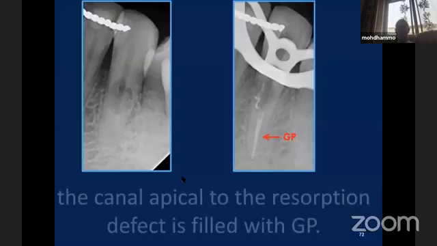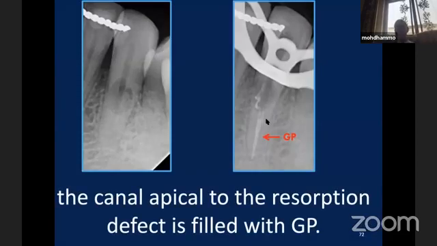Now you can see the apical part is filled with Guttapercha. We will use this Guttapercha as a barrier, to prevent our MTA from going further than what we need. This is the apical part filled with the Guttapercha, used as a barrier.